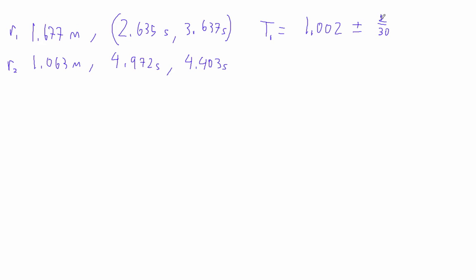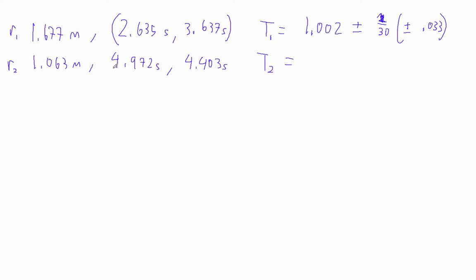Maybe I'll make that 1. I'll say it's 1/30th, because I really don't think I was off by more than 1 frame. One divided by 30 is 0.033, so plus or minus 0.033. That's a 30th of a second. So my T1 is just 1.002 plus or minus 0.033.